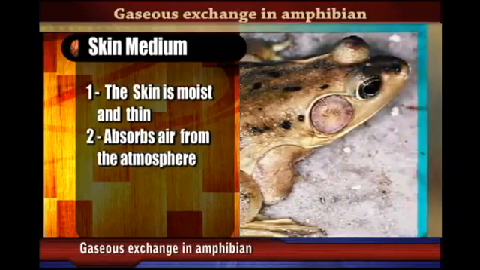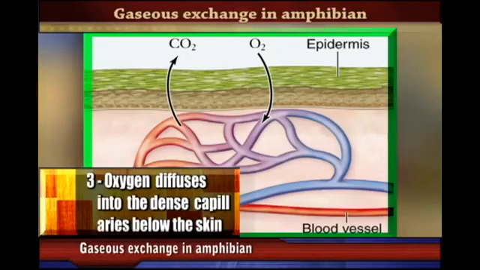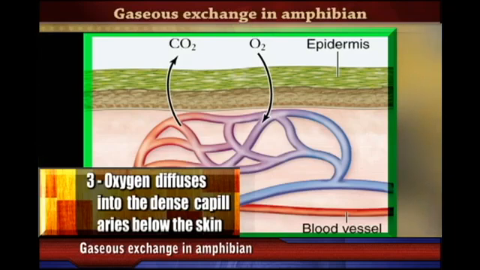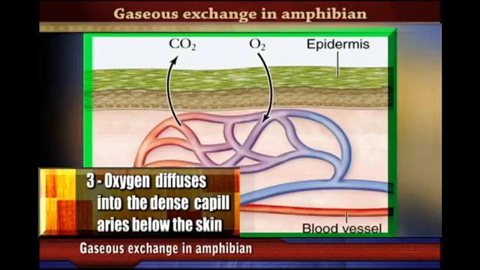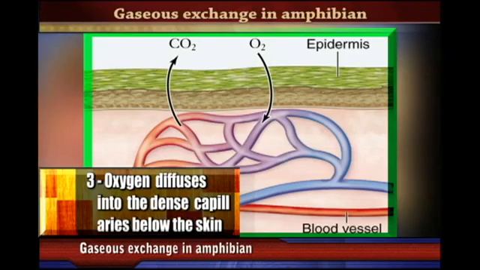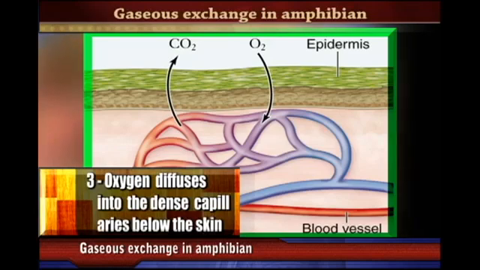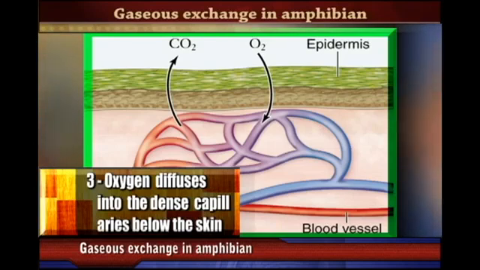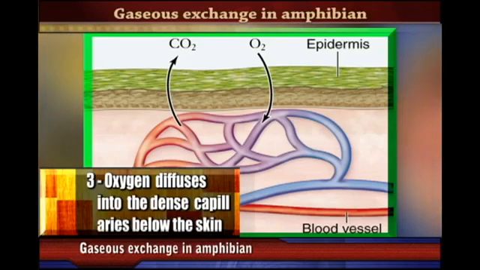Because of the moisture, oxygen easily diffuses, and because of the thin layer, it easily diffuses into the skin. Oxygen will dissolve in the moisture on the skin and later on diffuse into the dense capillary network below the skin.